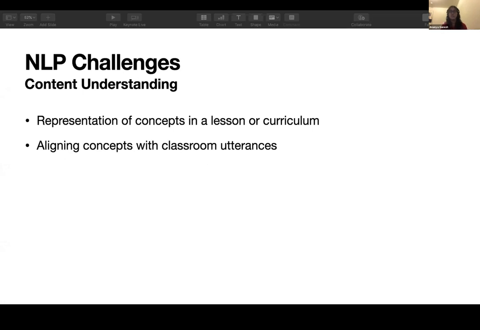And as students speak, we also want to map a representation of their utterances with what we know about the lesson or curriculum. So are they truly understanding? Are they making mistakes? Ultimately, we also want the system to be able to answer questions that a student asks in class.